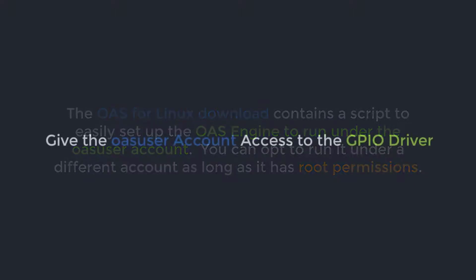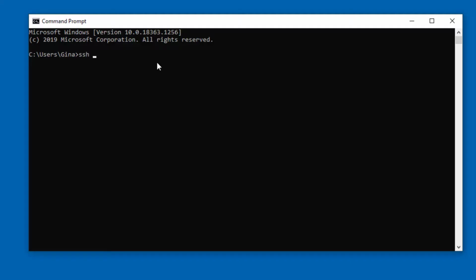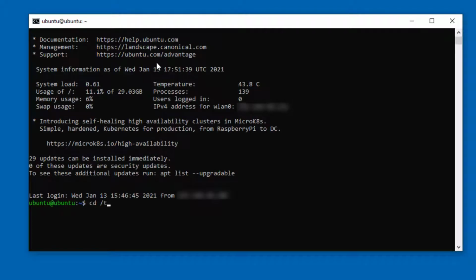Next, we need to set up access to the GPIO mem, the GPIO driver, for the user account the OAS service is running under. To do this, we need to log in as a root user and add a rules file in the etc udev rules.d directory. Once you've logged in, type cd /etc/udev/rules.d/.